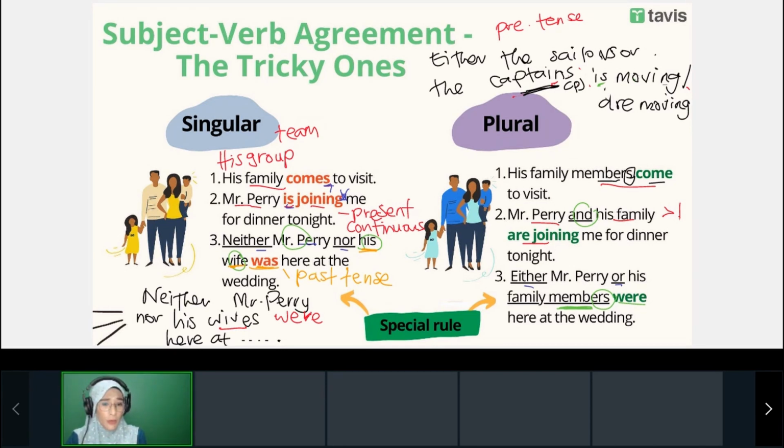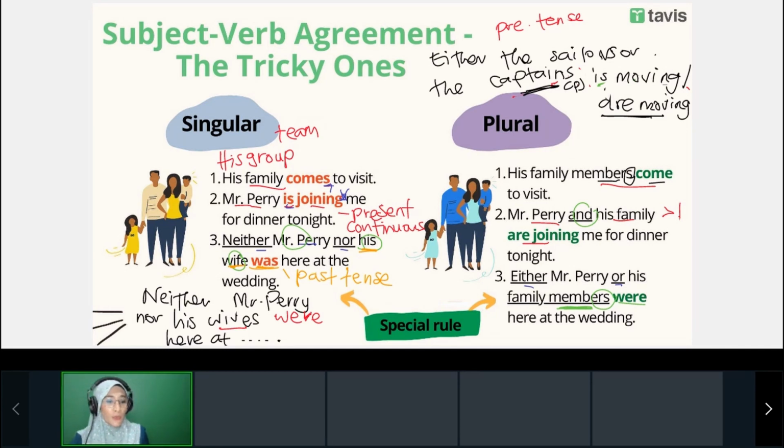The captains is moving, or is it the captains are moving? Definitely, the captains are moving. All right, so the captains are moving. Okay, I hope you got that clear.